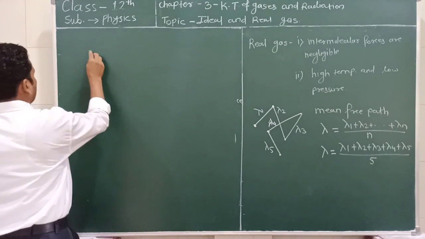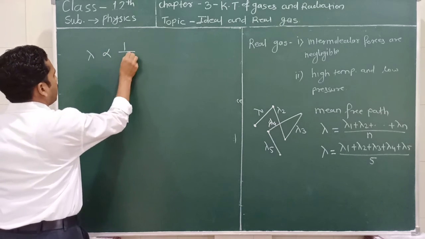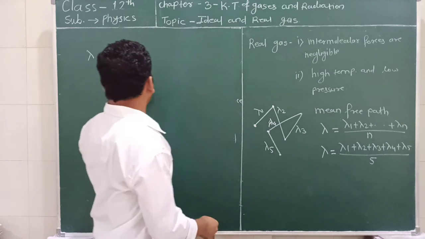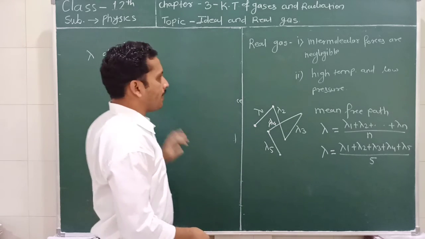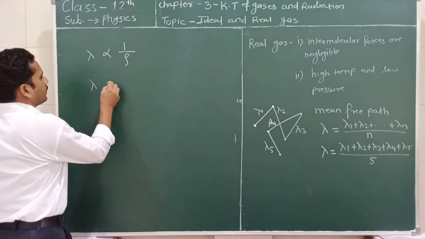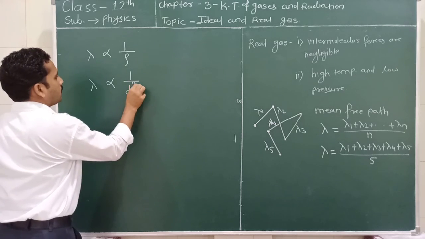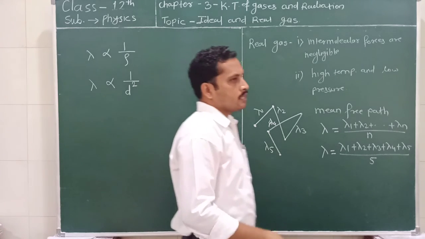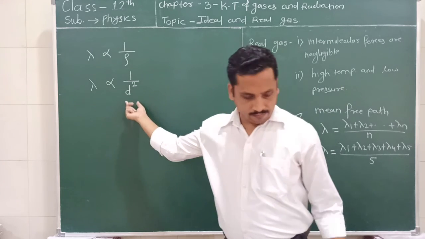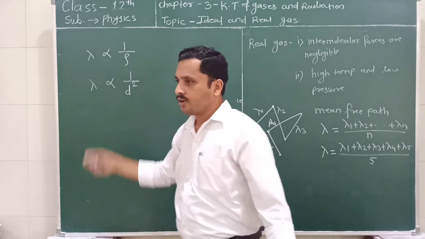This mean free path is inversely proportional to the density of the gas. It means if the density is low, then the value of lambda is great. And this mean free path lambda is inversely proportional to the square of the diameter d of the molecule.